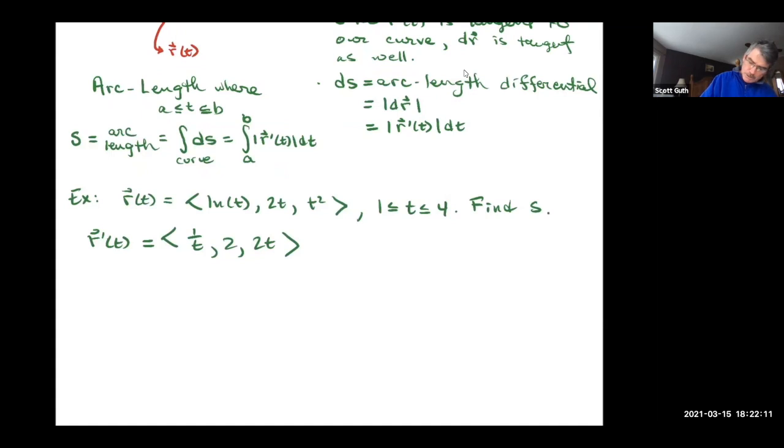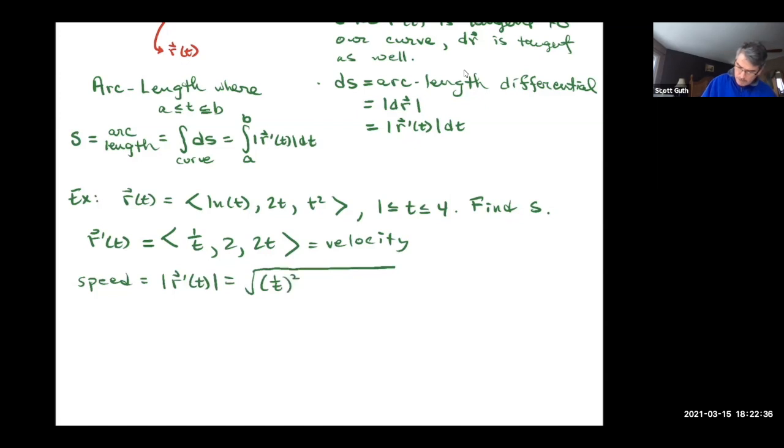Okay, so this is a velocity vector. The speed is the magnitude of the velocity vector. So I'll just go and write velocity here so that you see it. Okay, speed is the magnitude of velocity. So this would be the square root of 1 over t squared plus 2 squared plus 2t squared, like that.